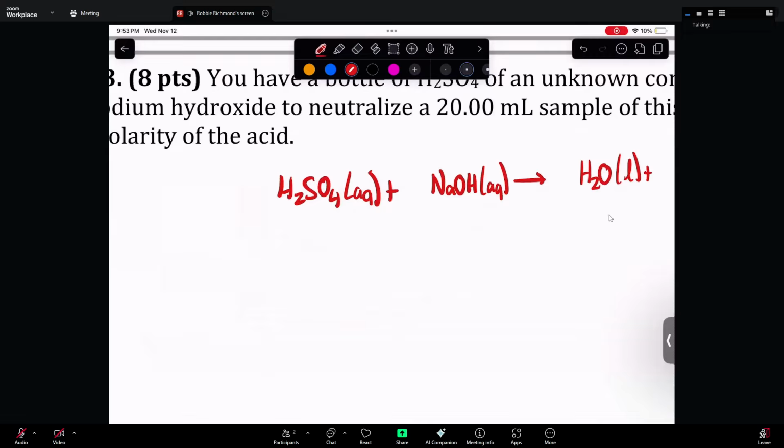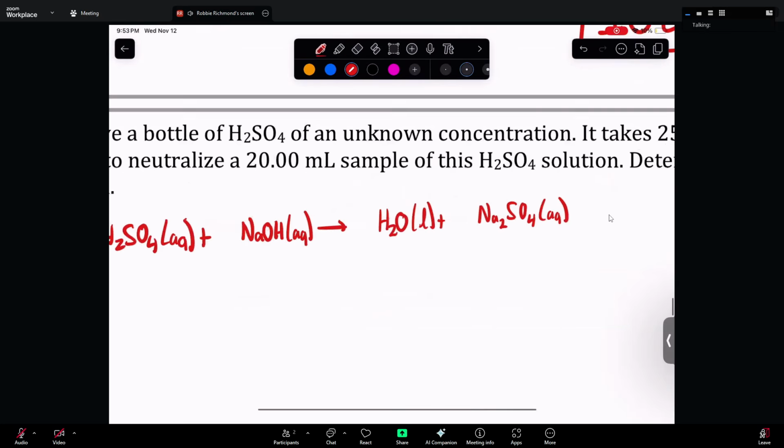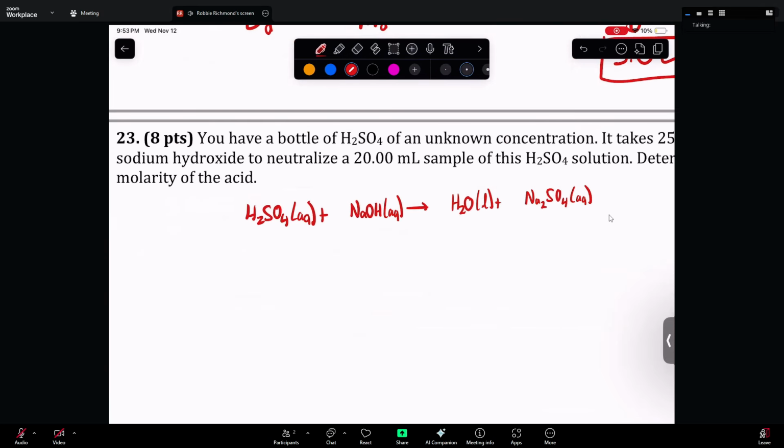So when I'm looking at these two things, I wrote down the formula. Let's just balance it real quick. I see we have two hydrogens. This is a diprotic acid. We need two hydroxides to make two waters. Everything else is balanced from that.